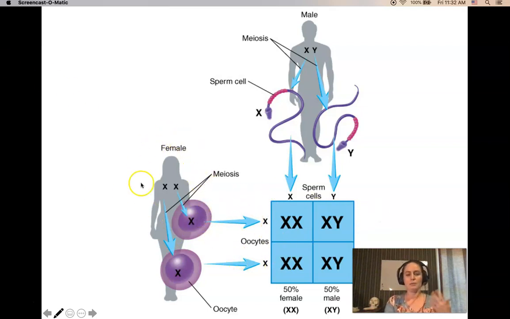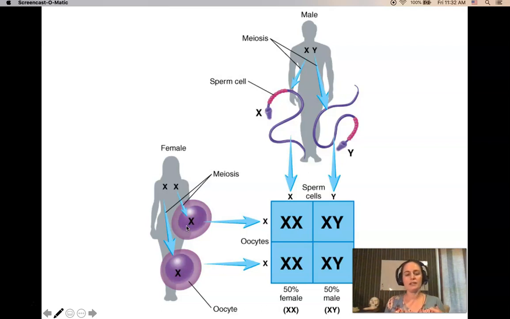So this biologically female person with XX chromosomes was able to create some oocytes that were haploid, and randomly this oocyte contains the matrilineal line and this oocyte contains the patrilineal line. Different oocytes, because remember, meiosis means that you only have one cell at the end of it.